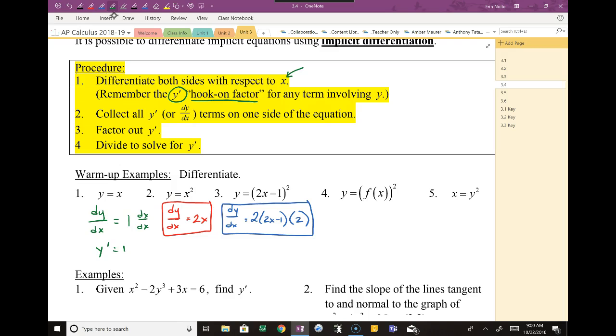So you could do a product rule. But they're trying to get you to do a chain rule here. So dy dx. The 2 is going to go out front. The inside stays the same. And then we multiply by the derivative of the inside, which is the derivative of f of x.